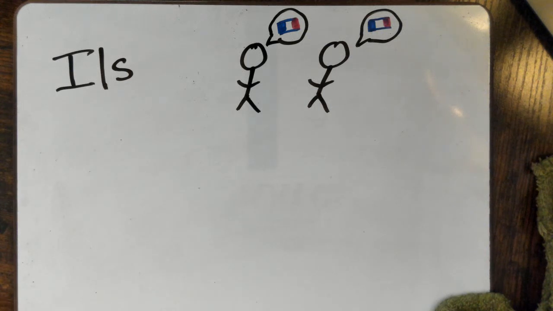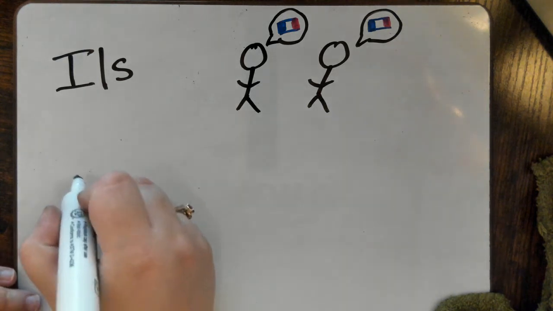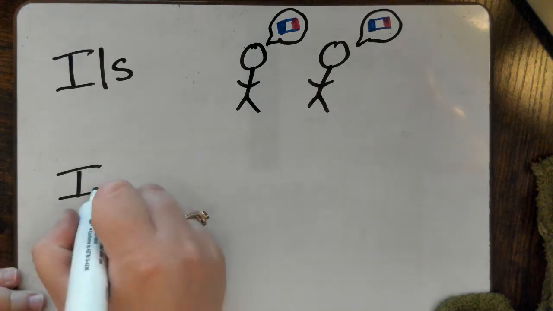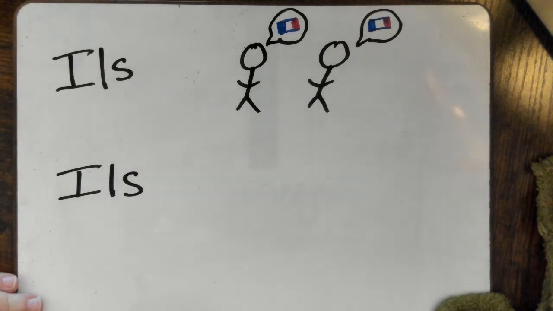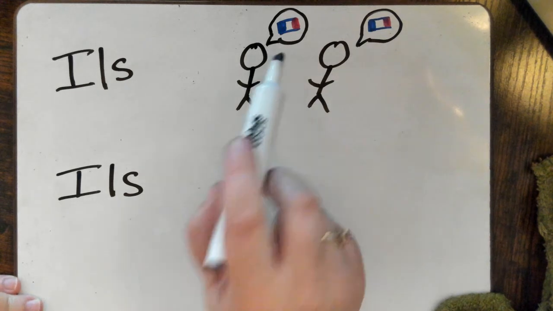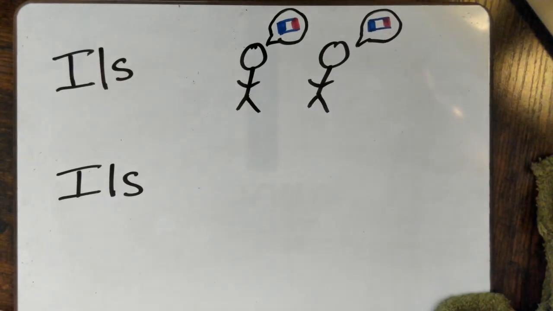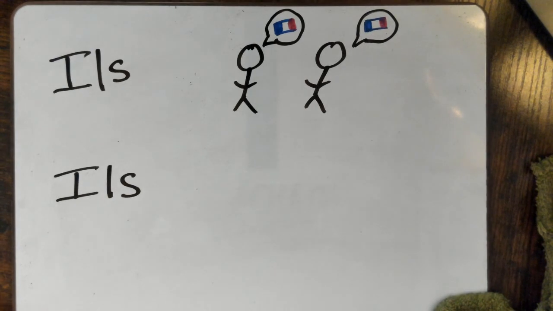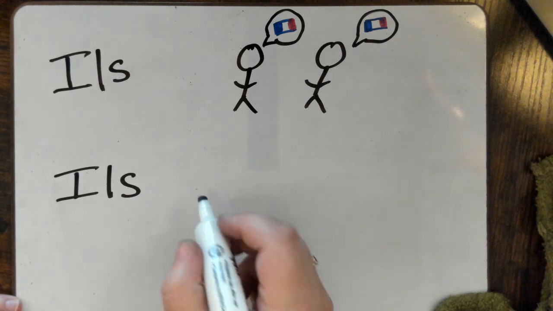What are they doing? Well, if you can't tell, these are little speech bubbles with people speaking. And what language are they speaking? French. So you could say they speak or are speaking.